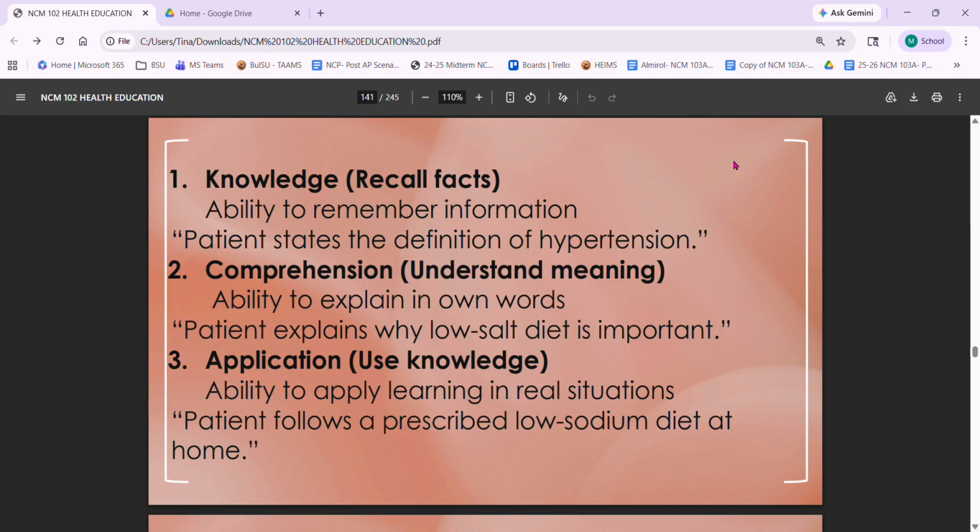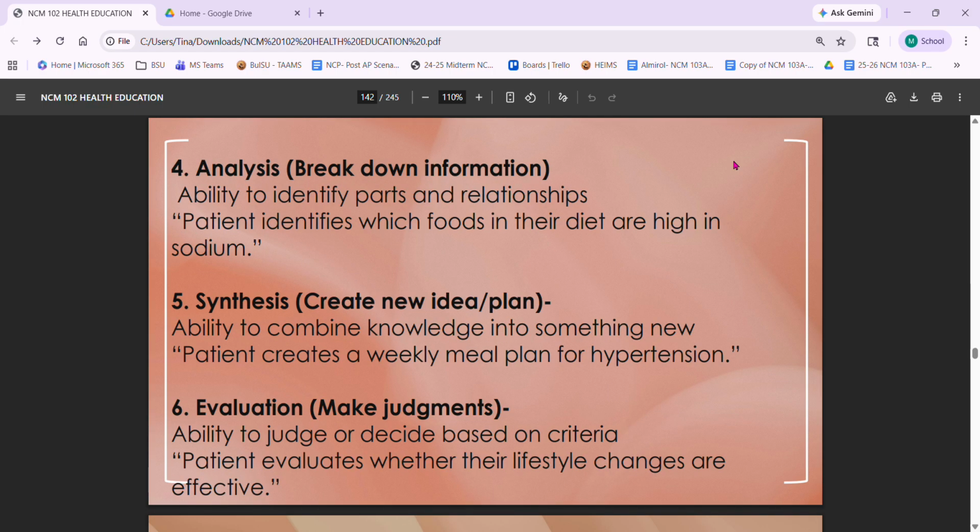Okay? Next is analysis. So, yung breakdown ng information. Your ability to identify parts and relationship. So, patient identify. Ito yung mga example, yung mga naka-parent quote, unquote, okay? Patient identify which food in the diet are high in sodium. Okay? So, na-identify niya yung parts and relationship.